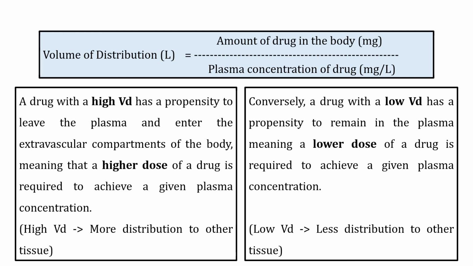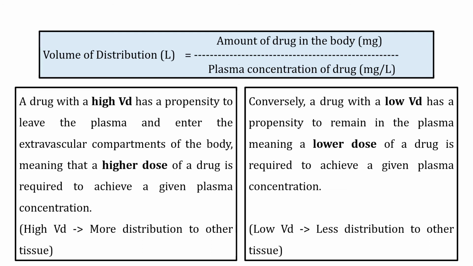So let's try to understand it in an easier way. A drug with a high volume of distribution has a propensity to leave the plasma and enter the extravascular components of the body, meaning that a higher dose of the drug is required to achieve a given plasma concentration. If a drug has a higher volume of distribution, there is more distribution to other tissues.